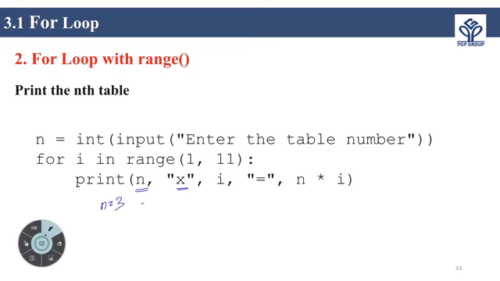Clear? 3 into 1 is equal to 3. Then 3 into the i value, which should be incremented, up to before 11. So 3 into 2 is equal to 6. Clear?